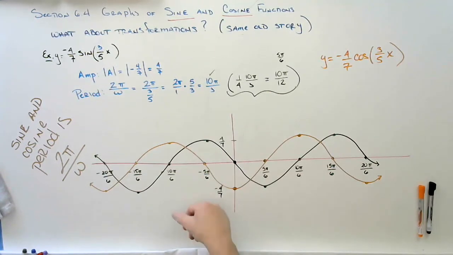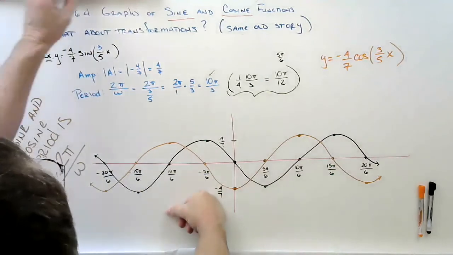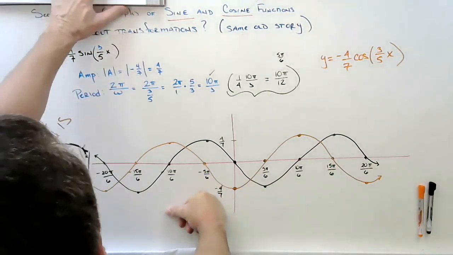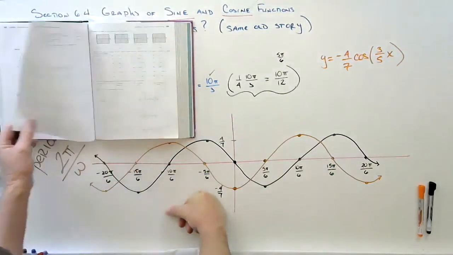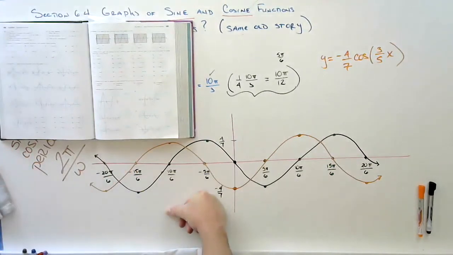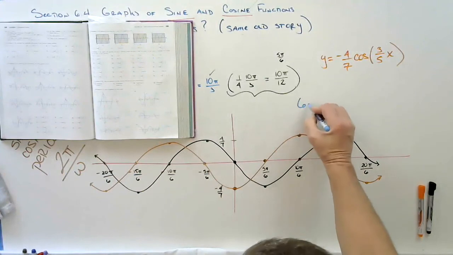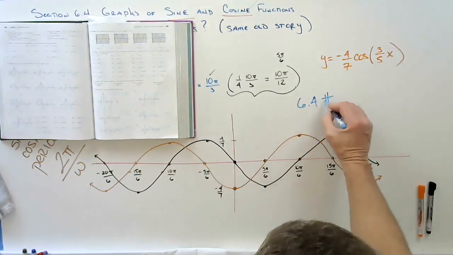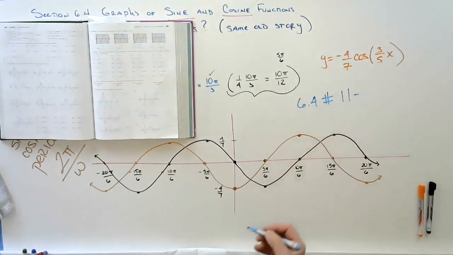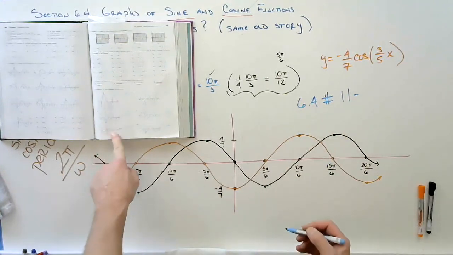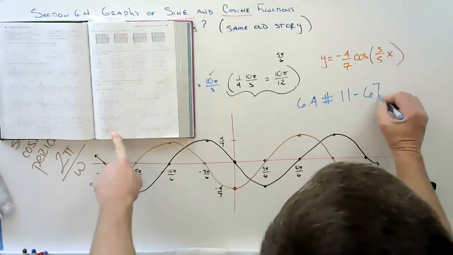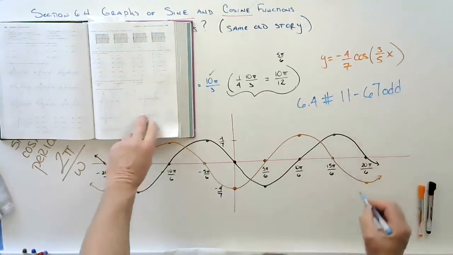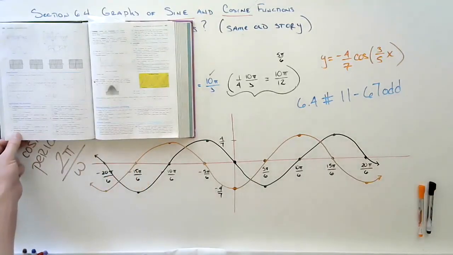Now, what's our homework assignment? Well, you're going to get kind of bored with it because you're kind of graphing the same functions over and over again, right? So our homework is 6.4, number 11 through 67 odd, right? 11 through 67 odd.